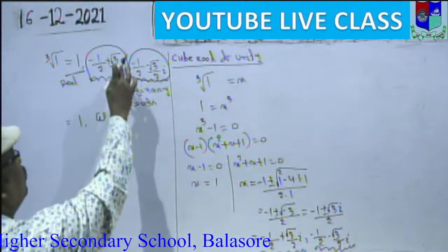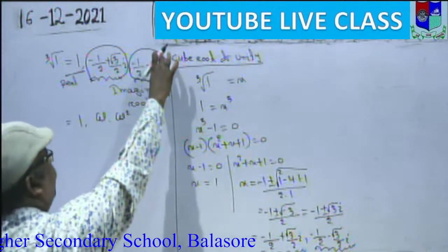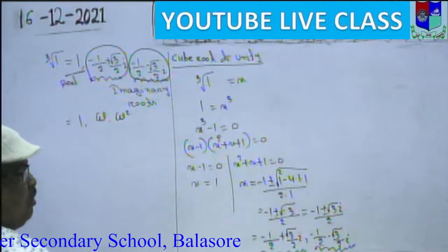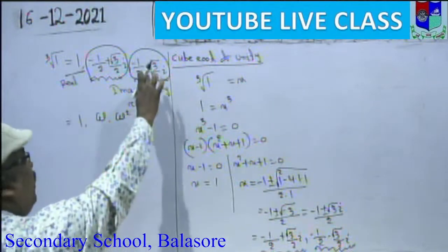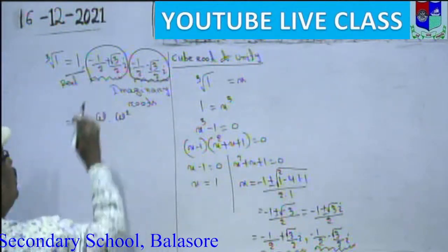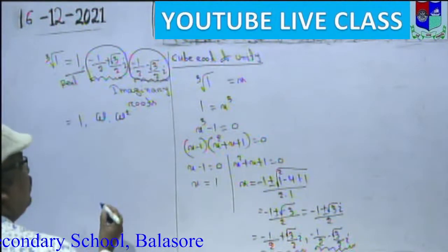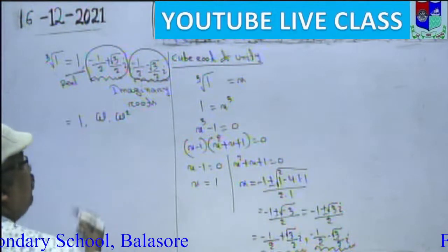If I take square of this, then we get this. If I take square of this, then we get this. So they are square of each other. If it is omega, then it will be omega square. So these two imaginary roots, we represent them as omega and omega square.